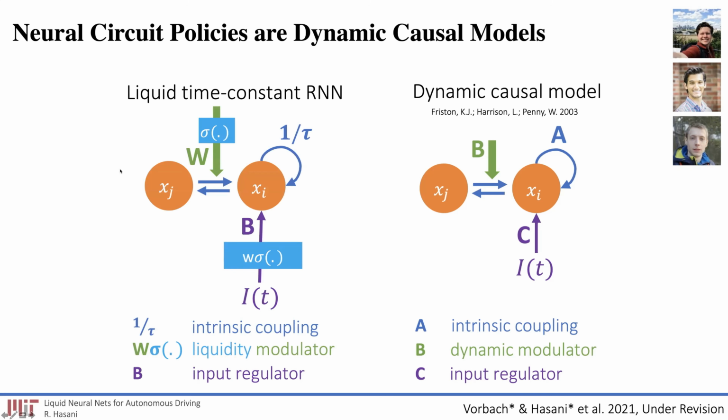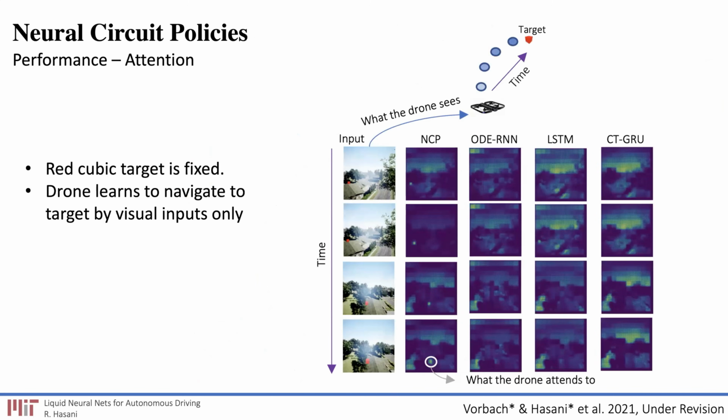And in a recent paper under review, we showed that liquid neural networks, or neural circuit policies, are actually dynamical causal models. And we showed it in a variety of drone navigation tasks in 3D. Imagine, for example, here, this is an image that a drone sees.